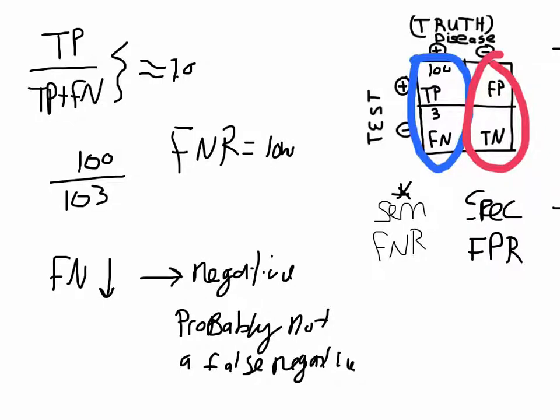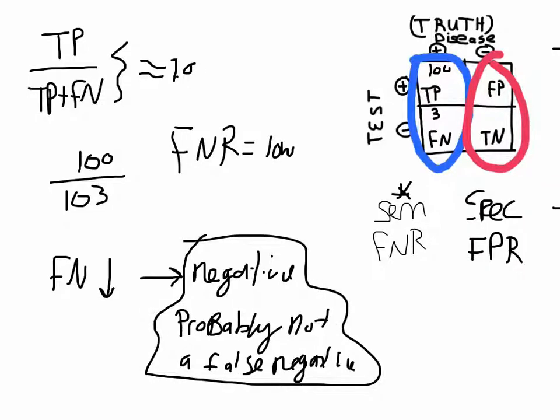So if it's not a false negative, then getting a negative test means that the person probably really is negative. But what happens on this highly sensitive test if the person tests positive? Well, then we have two possibilities. They could either be a true positive or a false positive. But our sensitivity doesn't tell us anything about how many false positives there are.